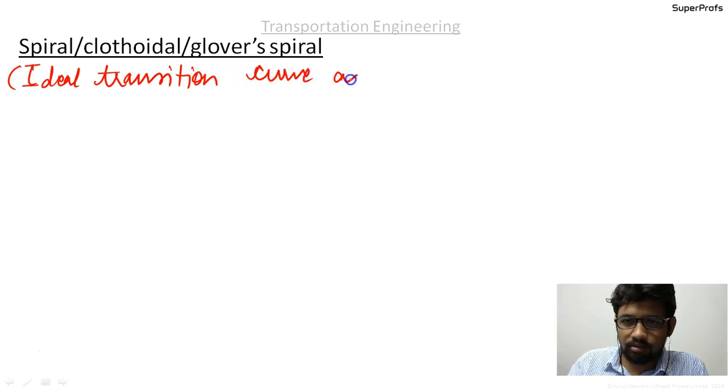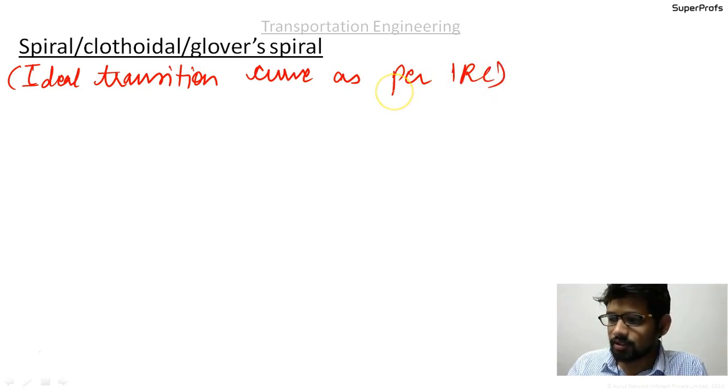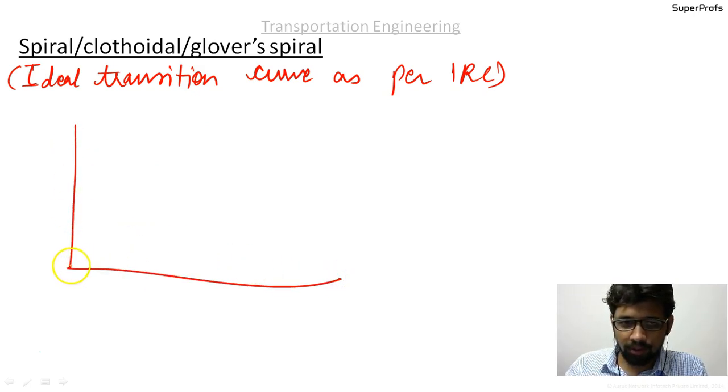It is of this kind, like this. I really doubt whether I'll be able to draw it properly or not, but the curve shall be of this kind. Better I start from here.